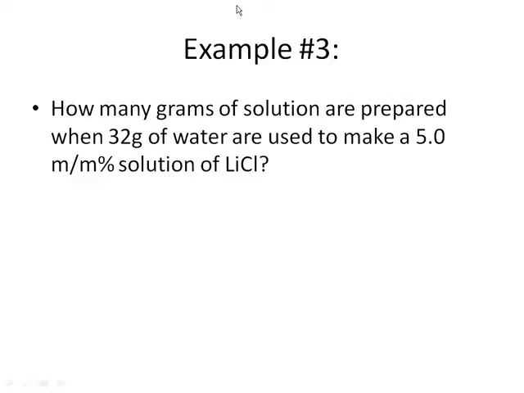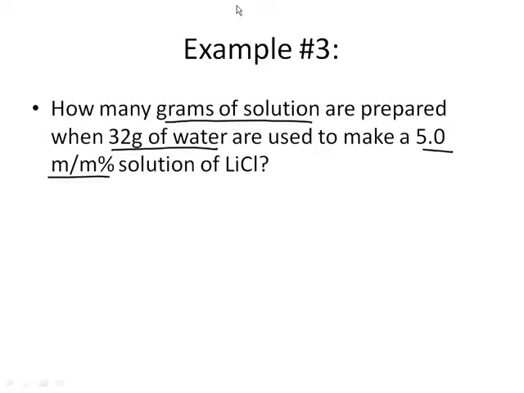Example number 3. How many grams of solution are prepared when 32 grams of water are used to make a 5.0 mass percent solution of lithium chloride? So now I'm being asked for grams of solution. I am given the water, and I am given the percent in terms of a mass concentration.